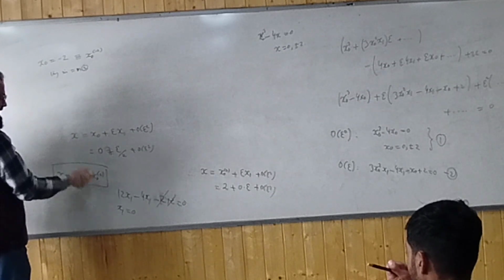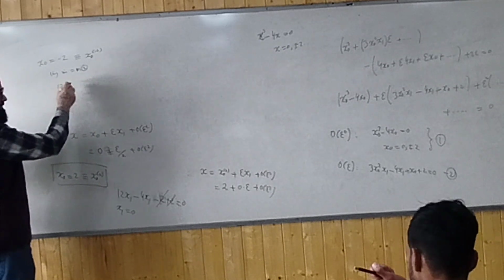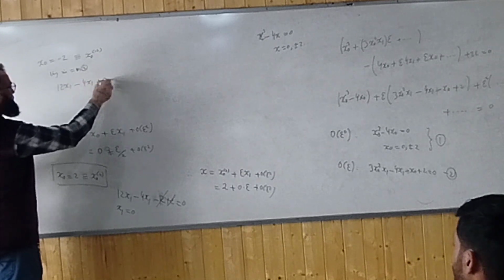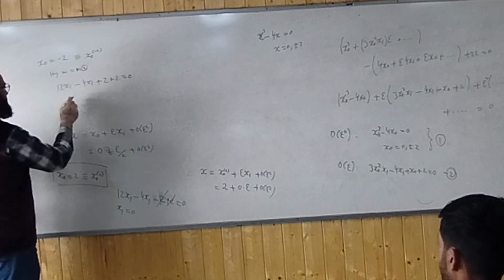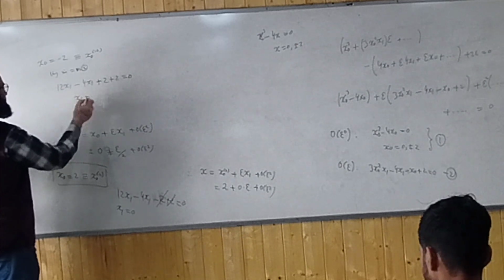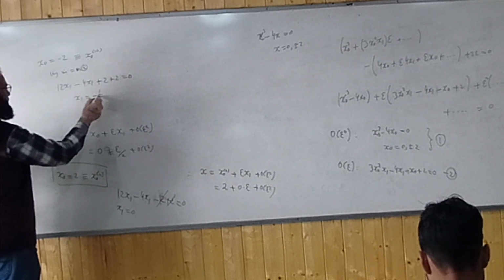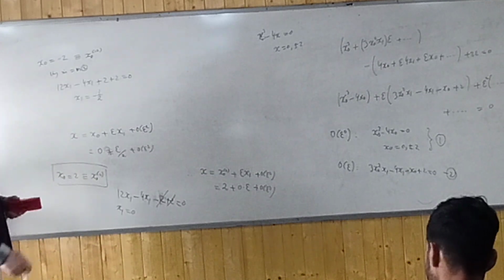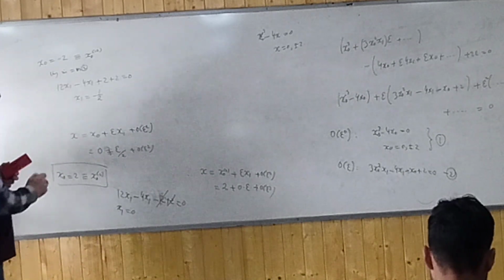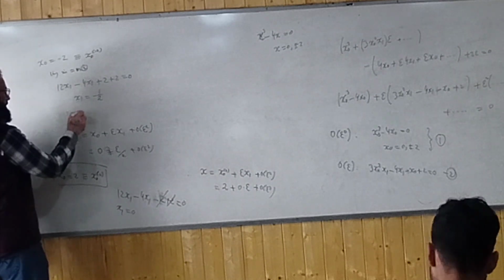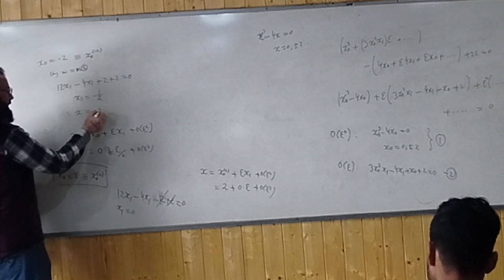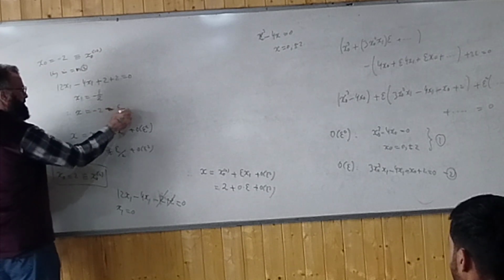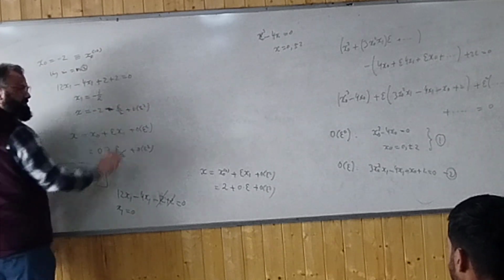The first term will be as such, 12x1, then minus 4x1, then plus 2 equal to 0. What is x1? Minus 1 by 2. You do the algebra yourself. So what is the solution? x is equal to minus 2 minus epsilon by 2, plus order epsilon square.